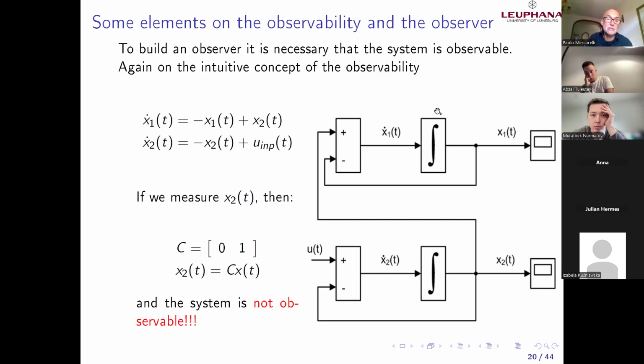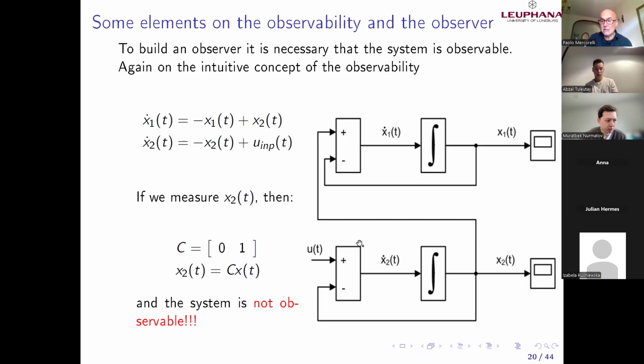Now, x1 derivative, in accordance with this mathematical expression, equals x2 minus x1 itself. Look at this loop. The dynamics is summarized in this loop with the integral.